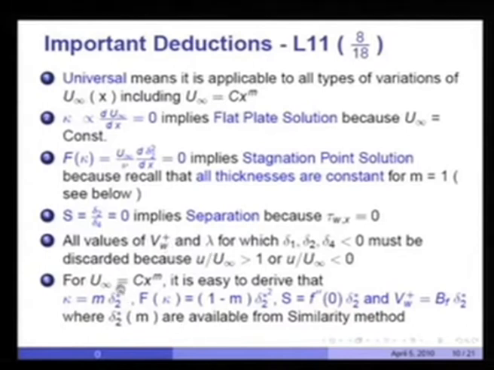Now, for u infinity equal to c x raised to m, it is easy to derive that kappa will be equal to delta 2 star squared times m. I will show you how this is the case.